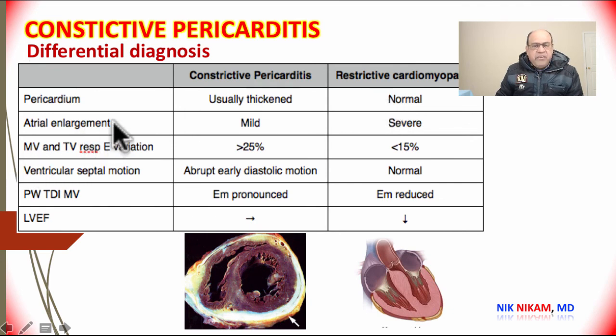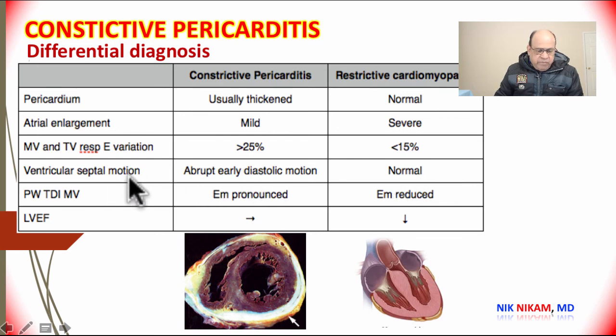Ironically, the atrial enlargement is very mild in patients with constrictive pericarditis, but in patients with restrictive cardiomyopathy and hypertrophic cardiomyopathy, the left atrial enlargement is significant because of the diastolic dysfunction. The mitral and tricuspid respiratory variations of E waves are greater than 25%, which we already talked about, compared to less than 10 to 15% seen in patients with restrictive cardiomyopathy.